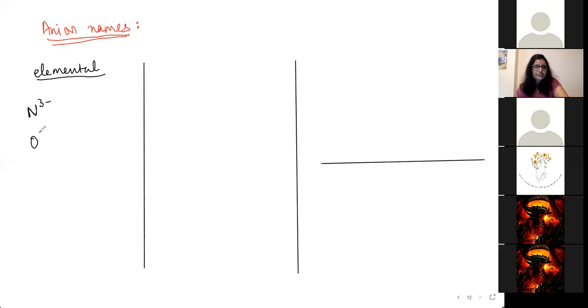Oxygen is just O2 minus. Sulfur is just S2 minus. It ends with ide. If it is nitrogen, it is nitride. Made from a single element, so it is ide. Similarly, what will be the name of O2 minus?